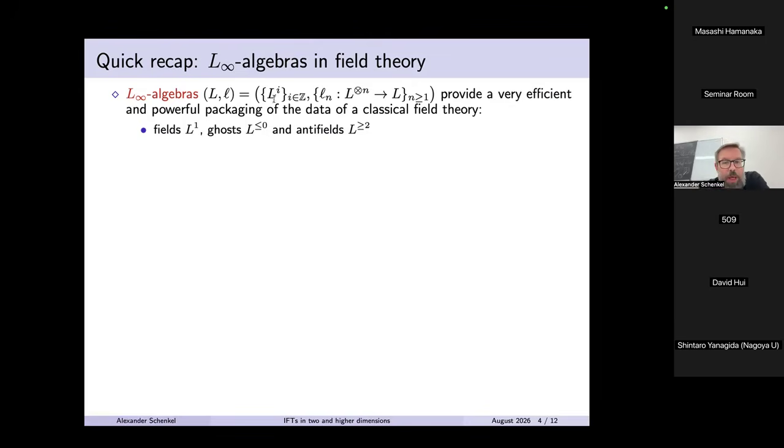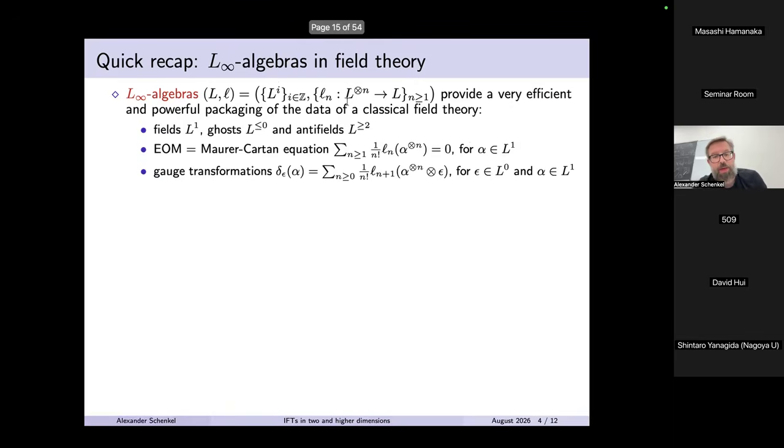So the graded vector space of the L-infinity algebra encodes precisely what are the fields, ghosts, and antifields. Now, the brackets you have on this L-infinity algebra encode various things, and in particular, they encode information about the equation of motion, which in this language is the Maurer-Cartan equation for this L-infinity algebra. So you take an element of degree 1, apply brackets to it, put some 1 over n factorial, and sum it up, and then this is the equation of motion for the field theory described by this L-infinity algebra.